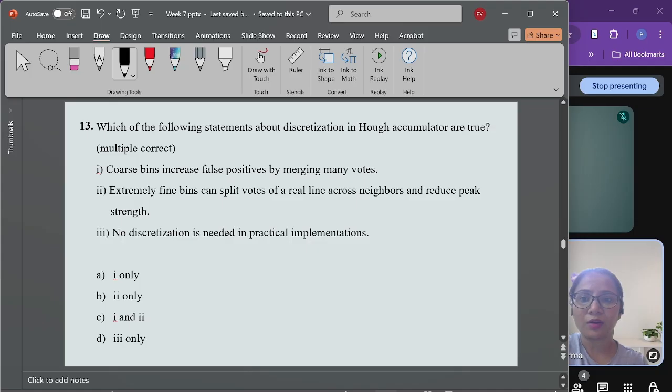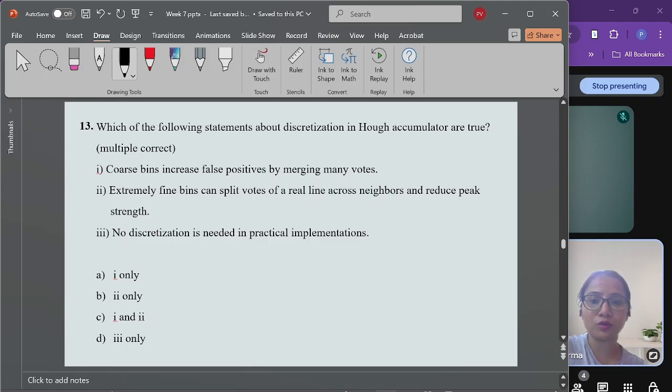Okay. Now the next question is, which of the following statements about discretization in the Hough accumulator are true? There can be multiple correct options. Option 1 is coarse bins increase false positives by merging many orbs. Second one is extremely fine bins can split orbs of a real line across neighbors and reduce peak strength.